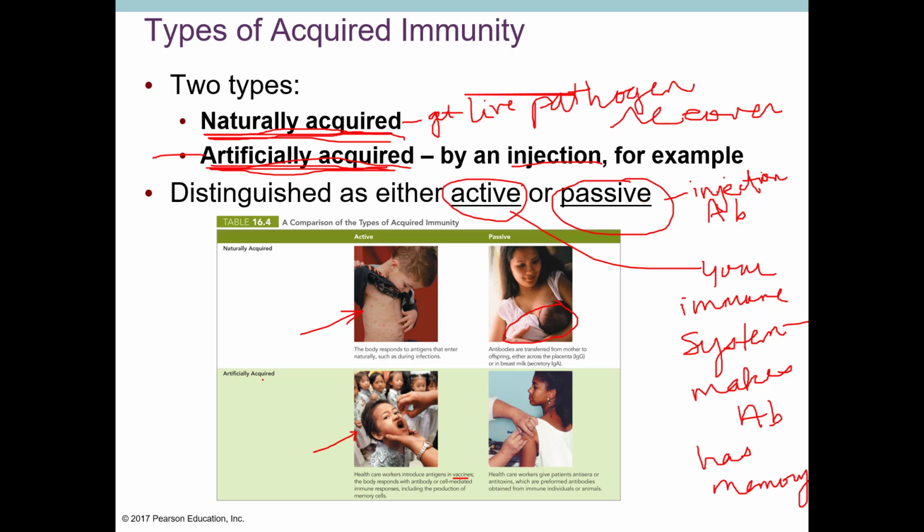Passive and artificially acquired would be, this is pretty specific, an injection of antibody for somebody who has an immune problem. So mostly it's just a terminology thing that you need to make sure you're very clear about.